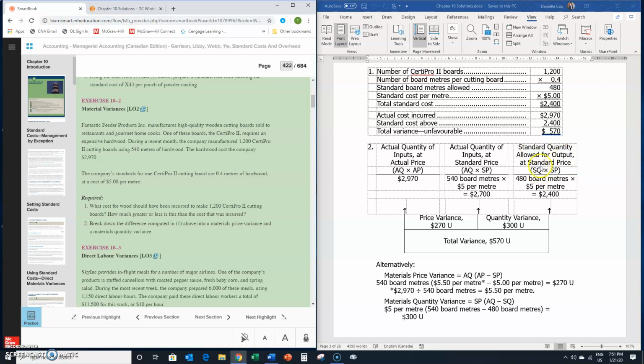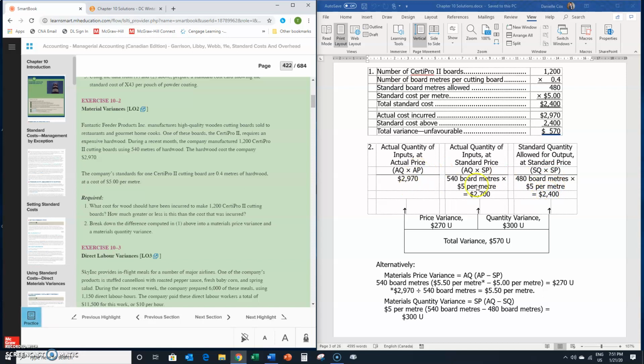So standard quantity times standard price. Our standard quantity we calculated up here: 1,200 boards using 0.4 meters per board, which means they were allowed to use 480 meters according to the standards. So 480 meters times the standard price of $5 per meter is $2,400.